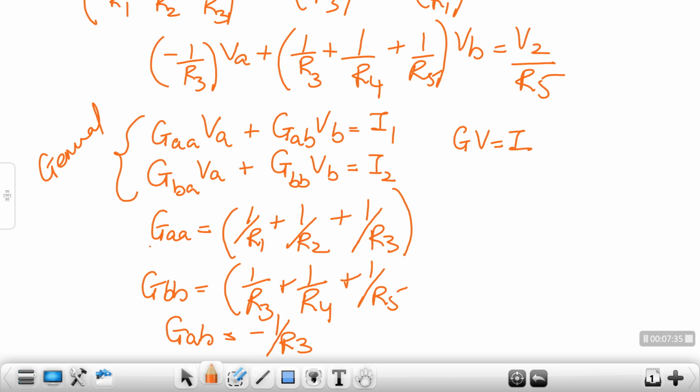Mutual conductances all will have negative signs. Similarly, GBA is also a mutual conductance, so it will be minus 1 by R3.